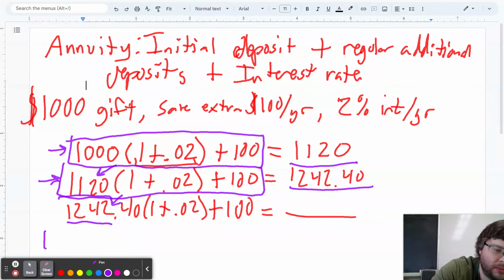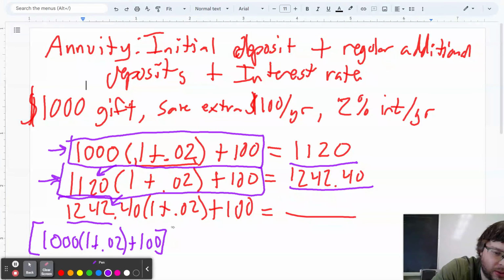So it's going to start out with 1,000 times (1 plus 0.02) plus 100. That is 1120. And 1120 is the part that starts at the beginning right here. So I'm replacing that as 1120, and then I'm plugging all of this in for the 1242.